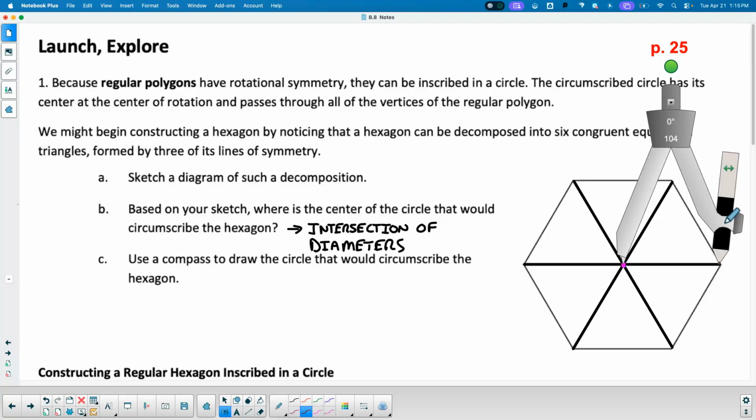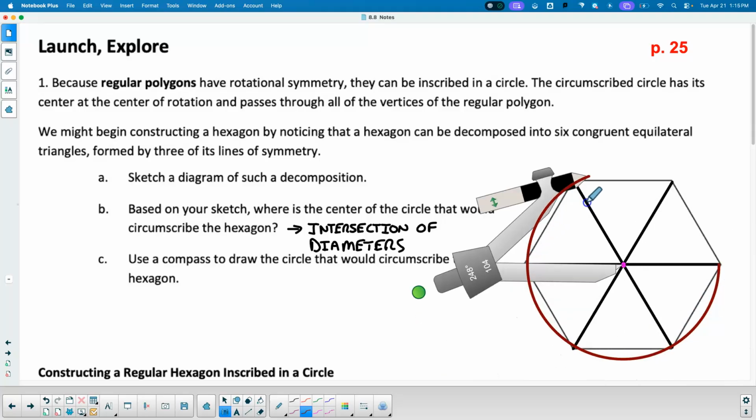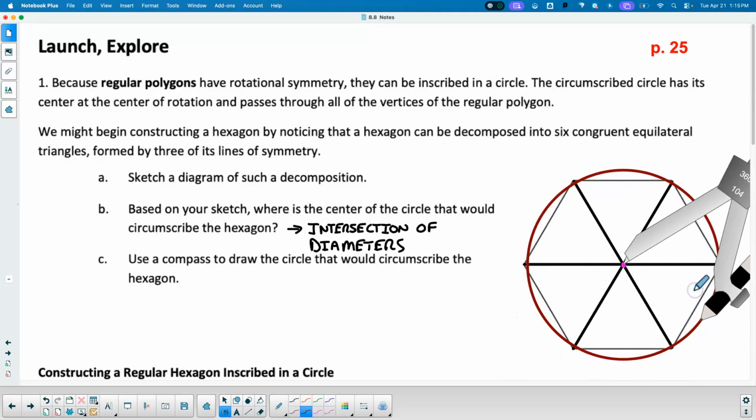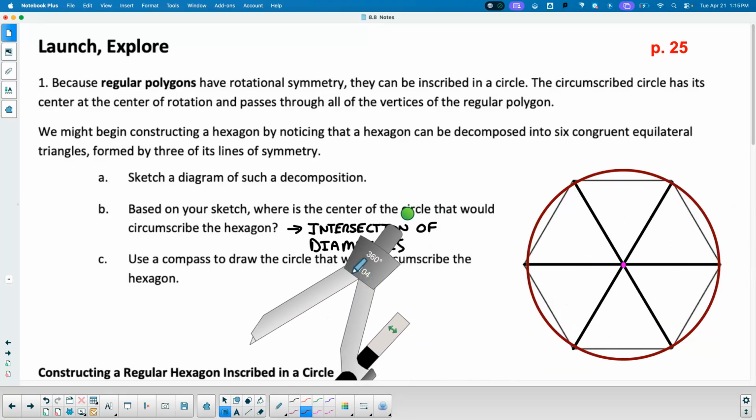And then if you're a tippy topper, oops, I was off by just a little bit. If you're a tippy topper holding the compass up top, or if you're a page spinner, either way works both ways. You should get a circle that goes all the way around. It hits every single vertex.